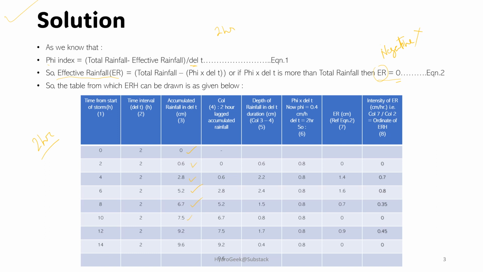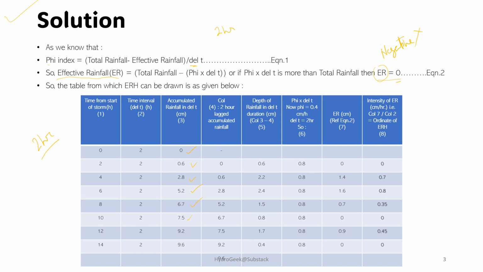This is accumulated rainfall, and I have already discussed this. Now to find the depth of rainfall in each del T duration of 2 hours, I am deconverting the accumulated rainfall into single rainfall data, because that is what we need to draw the hyetograph, not the mass curve, but only the hyetograph.